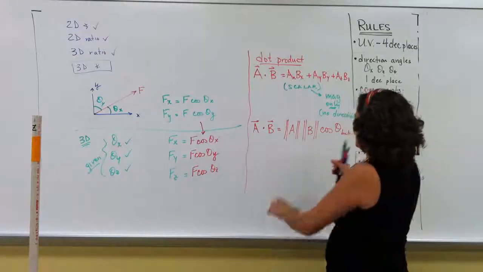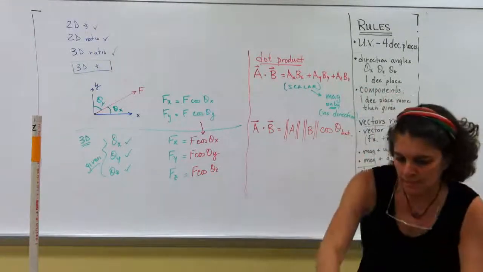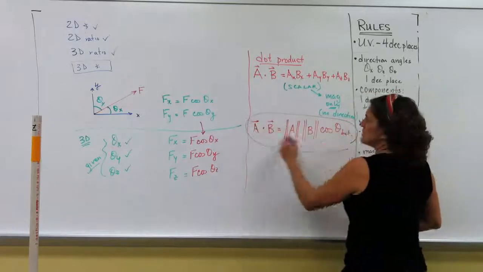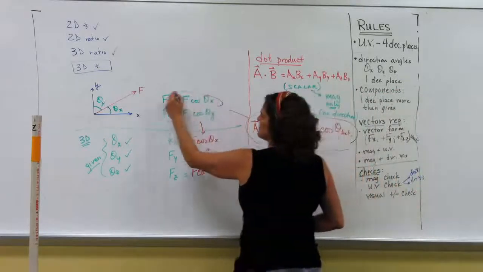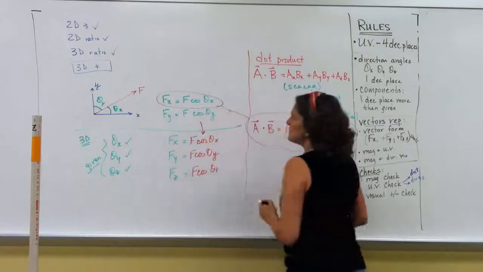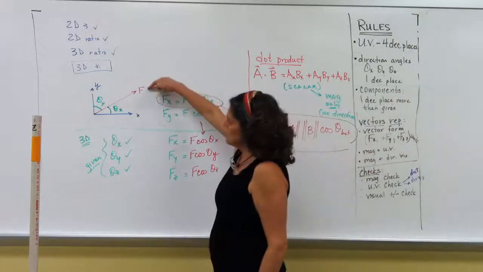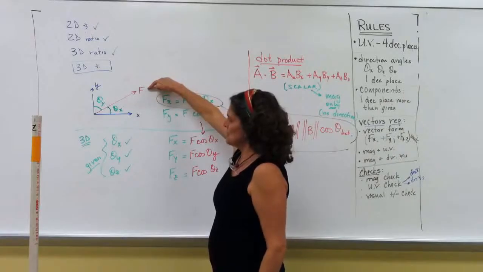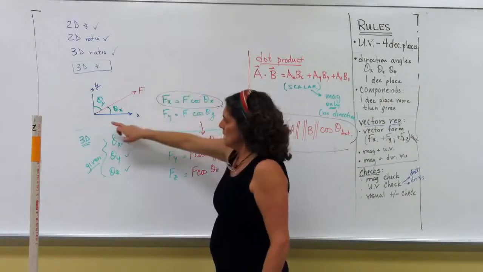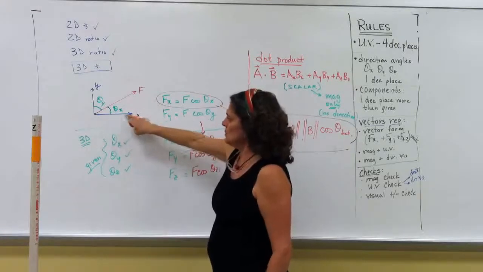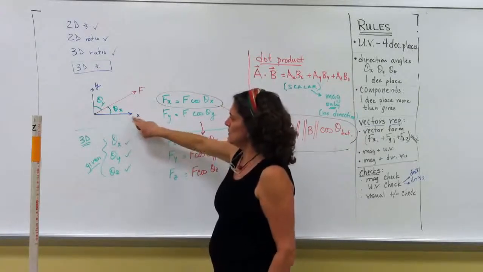Let's compare this to what's going on here. This is a vector, it's a force going in a certain direction. And this is a vector too, but if we consider it a unit vector, it has a magnitude of 1.